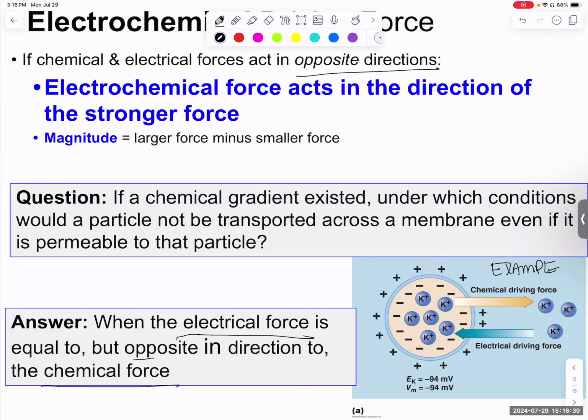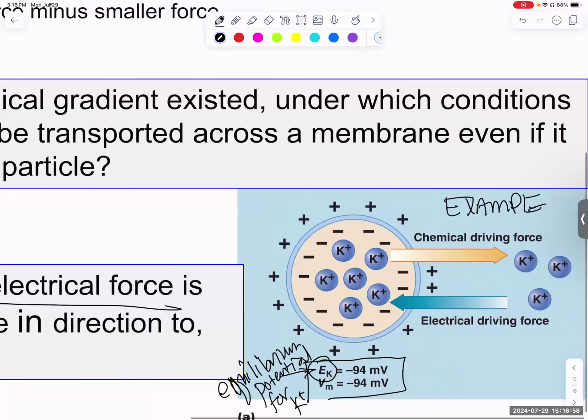The example is for potassium. Potassium's equilibrium potential, that is this right here, is negative 94 millivolts.